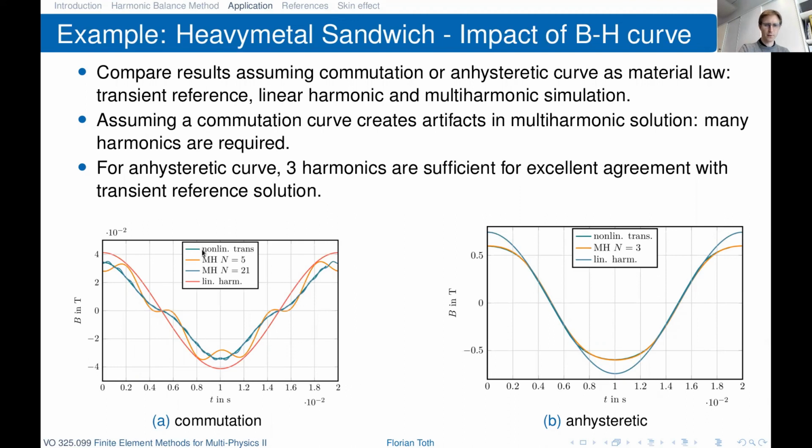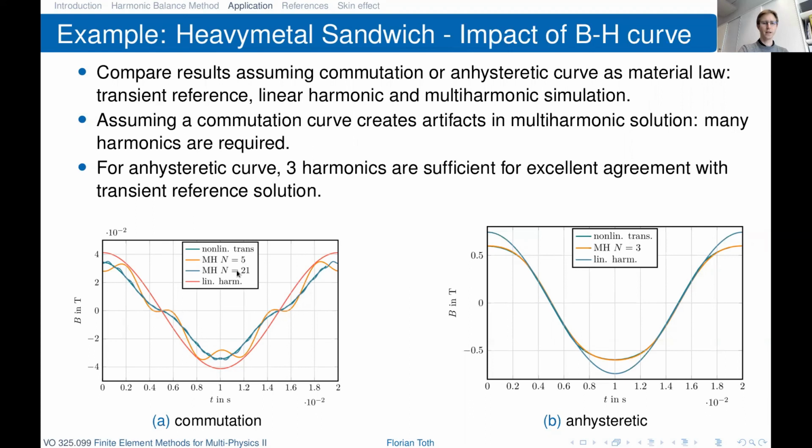The transient reference solution is here now the blue line in the background. And as we see, we use 5 harmonics for the multi-harmonic simulation. We have quite some oscillation around the reference solution.